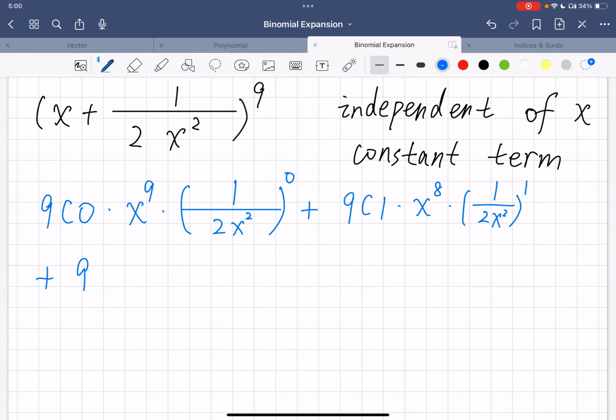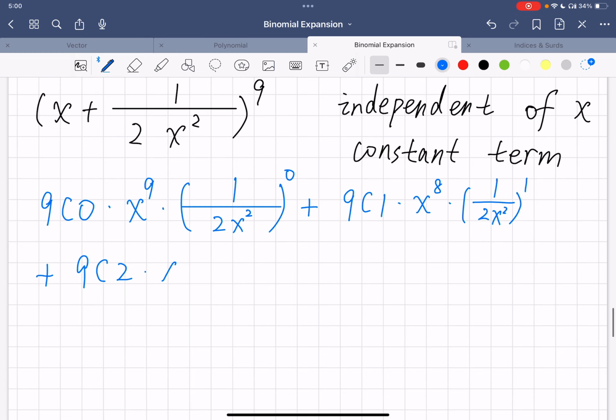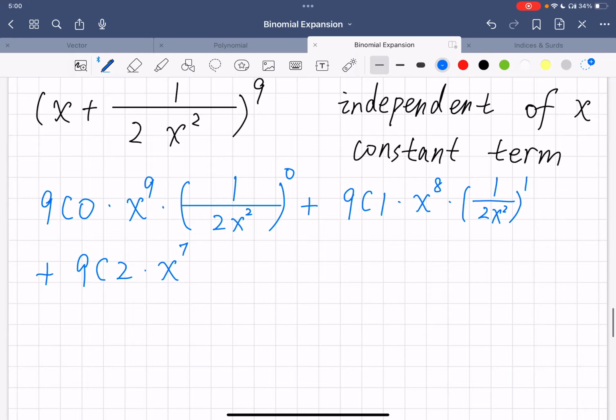Plus 9C2. So it's all about combination. If you have studied combination and permutation previously, you should be familiar with the sign here. 9C2 times x to the power 7 times this one, this time is 2. Now, the question asks for x to the power 1.